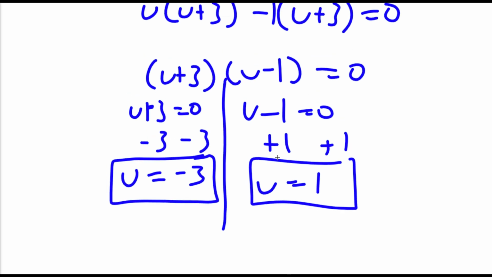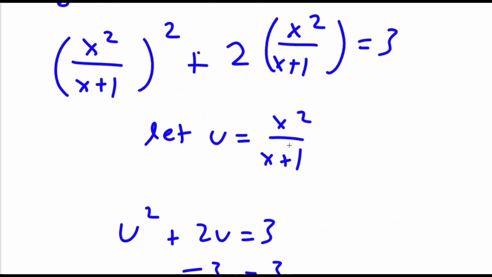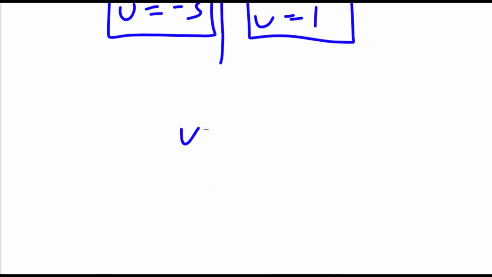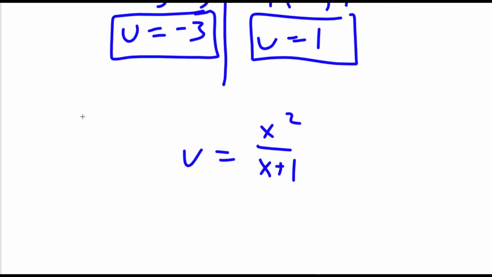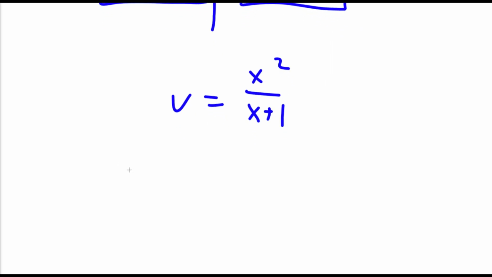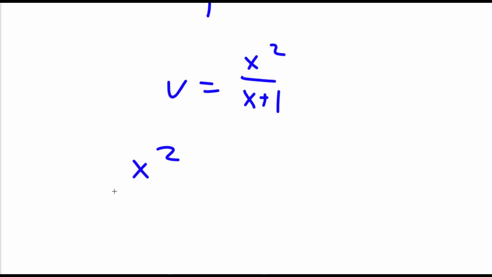Now, remember how we set u equal to x squared over x plus 1. So if u is equal to x squared over x plus 1, then we have two values: u is equal to negative 3 and u is equal to 1. So let's first try negative 3. So I have x squared over x plus 1 is equal to negative 3, the same thing as negative 3 over 1.